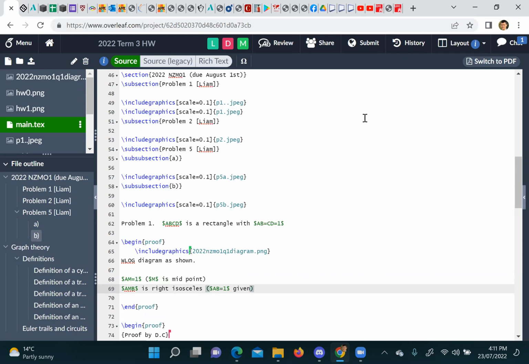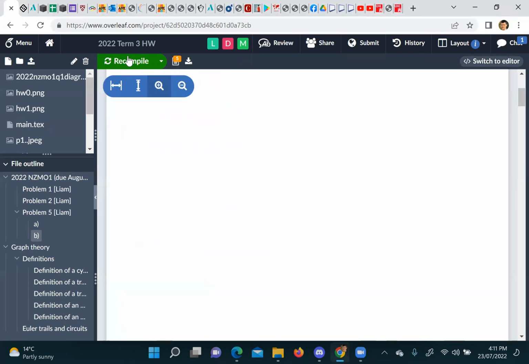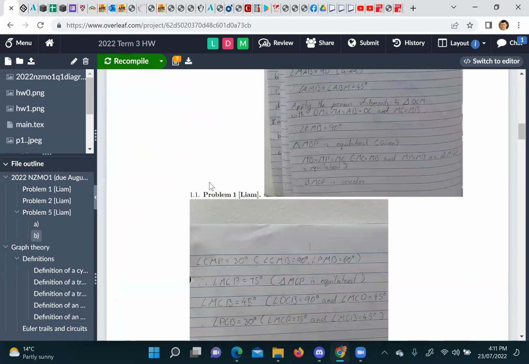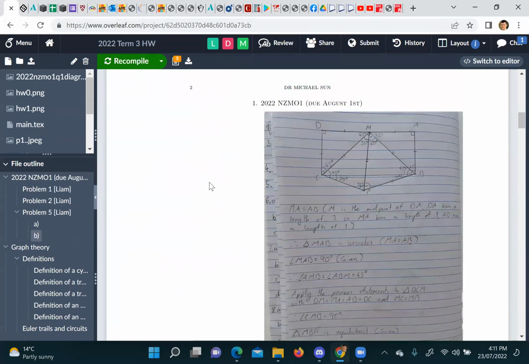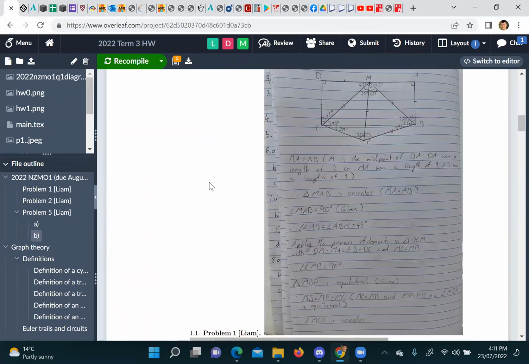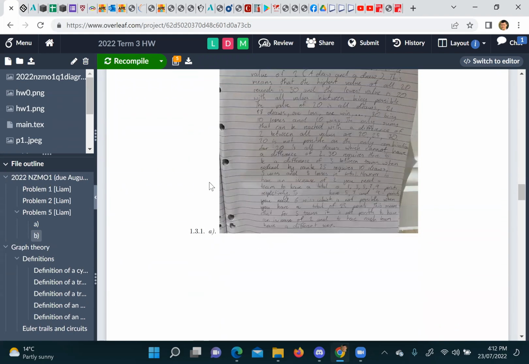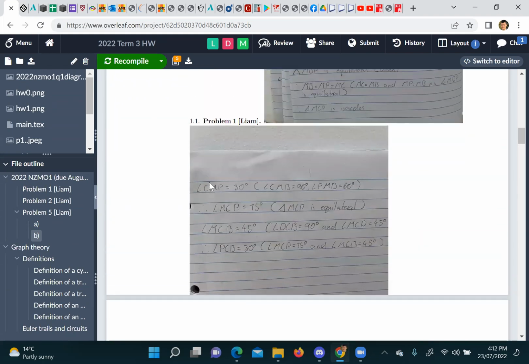So Finn is pointing out that if you look at the actual diagram, it's really huge. Maybe that's why it's lagging. Let me see if the diagram uploads.